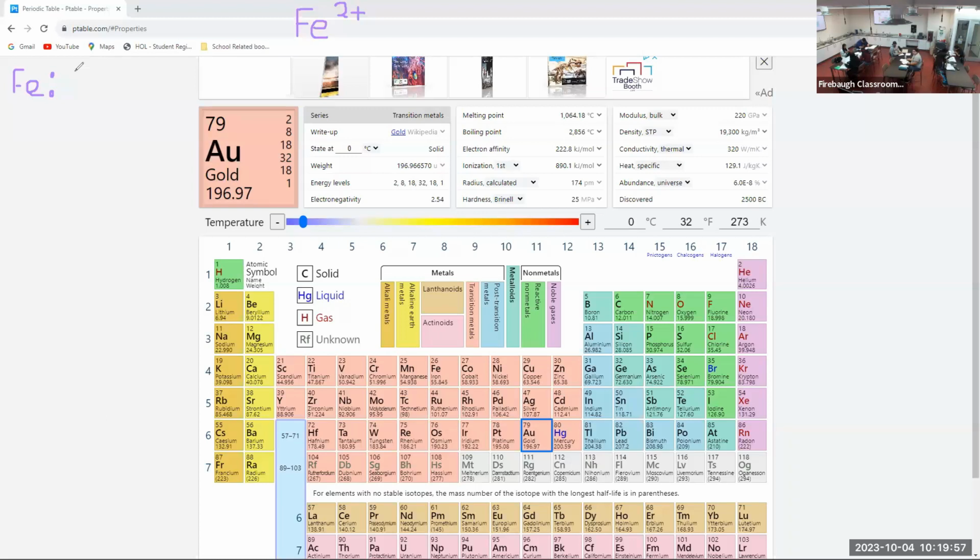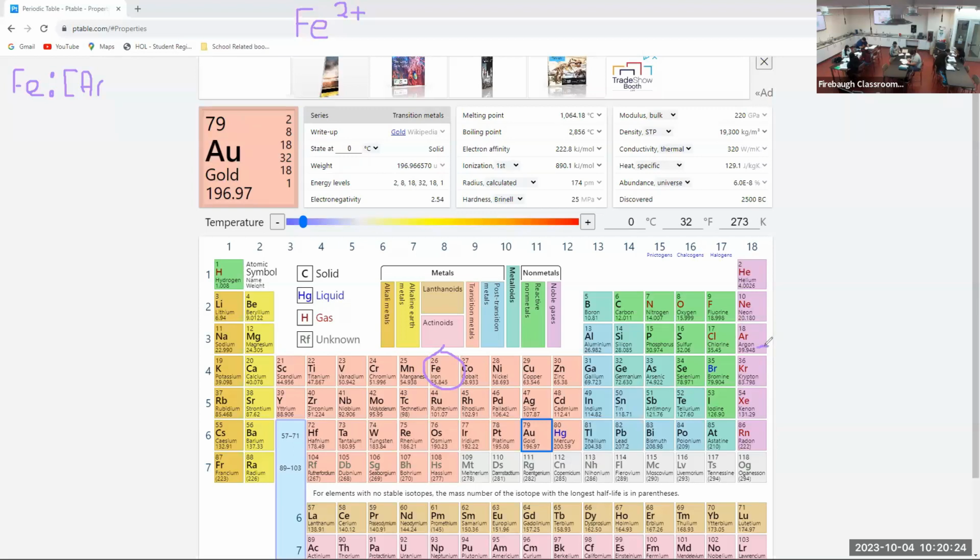It'd be helium. Are you sure? What would be the core for Fe? Argon. So we're gonna have argon. So Fe's located here. And then we go to the noble gas that would be before.